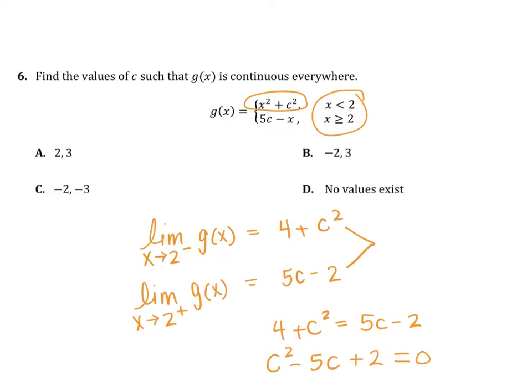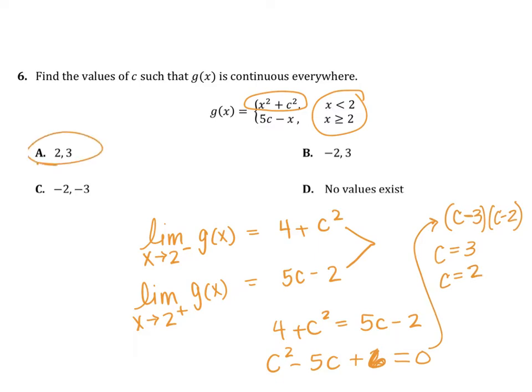And so if we factor this, we're going to end up with, move my screen over, c minus 3 times c minus 2. I see what I did. That should be a 6 there, guys. Okay, and all of that equals 0. And so we're going to get c to be 3 and c to be 2. So that's going to be answer choice A.